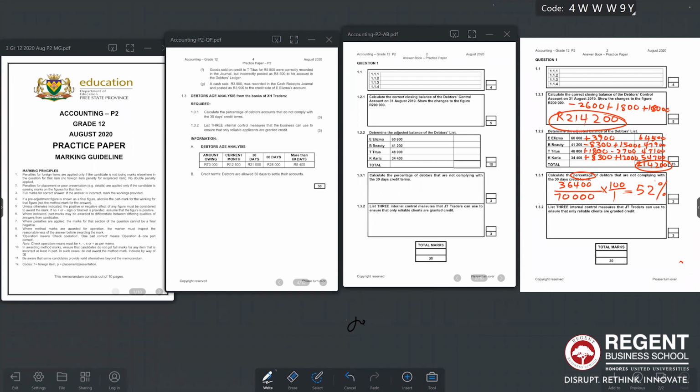Second thing, they said you want control measures to ensure that only reliable clients are granted credit. Now, who are you going to grant credit to? You can't just grant credit to anybody and everybody. Is the person working? Does he earn a salary? You're going to look to see whether they have a salary advice.